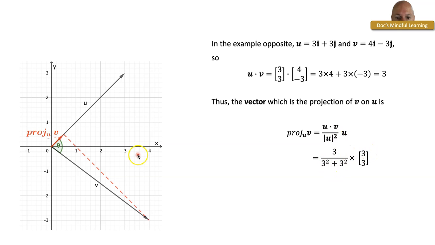And we multiply that by the vector u, which is 3, 3, if we write it in column vector form. So that's 1/6, so all of this resolves to 1/6 of 3, 3. And we can decide for ourselves whether we take the constant inside and write this as 0.5, 0.5, or we can write it in Cartesian form or component form, 0.5i plus 0.5j.